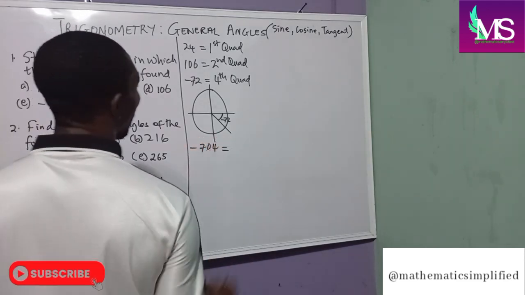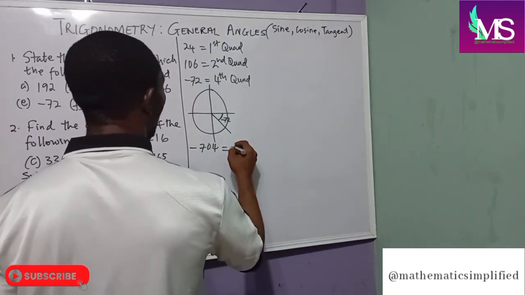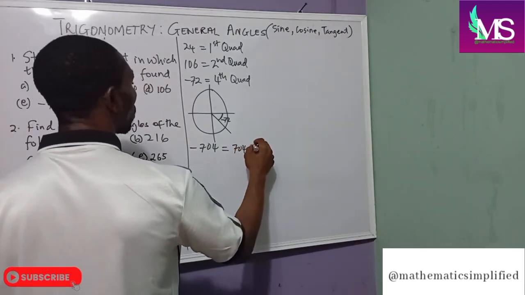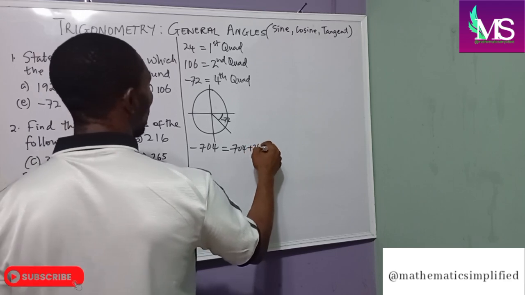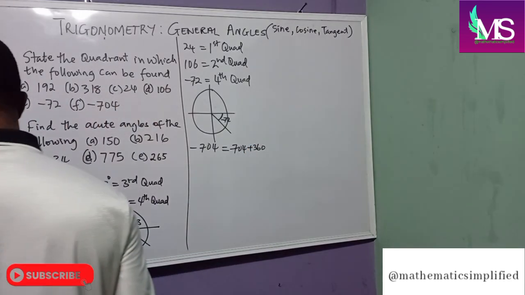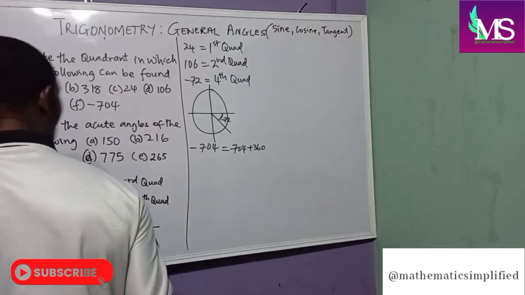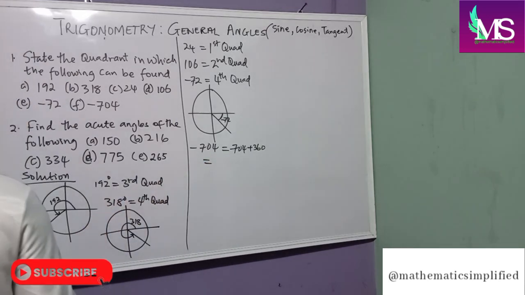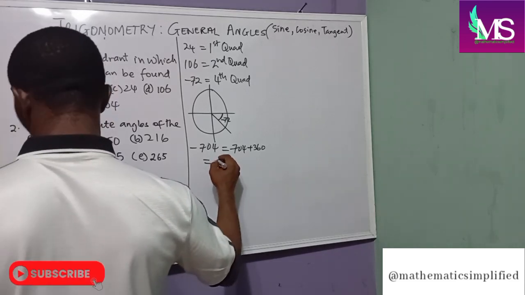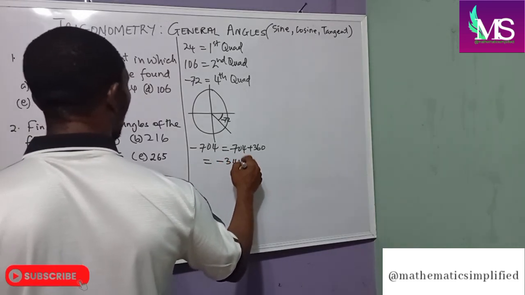And the next one is minus 704 degrees. Now, for us to find this, we can say minus 704 plus 360. If we do minus 704 plus 360, we are going to have our answer as minus 344, sorry.